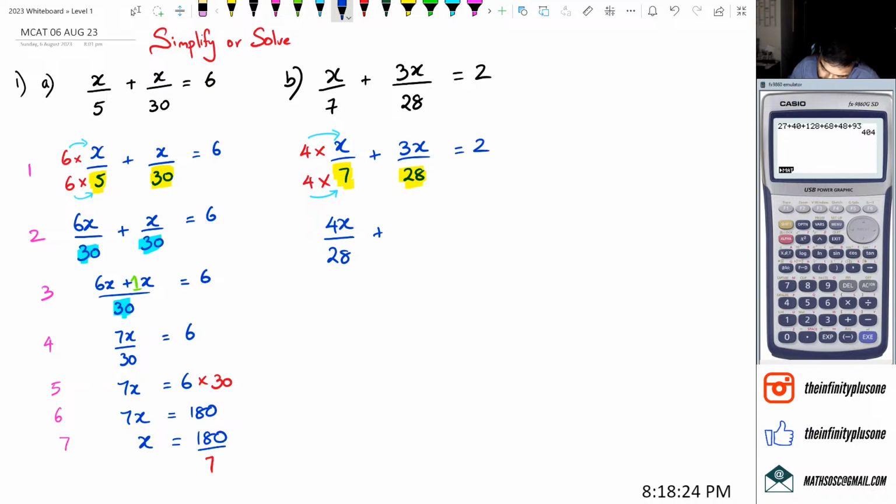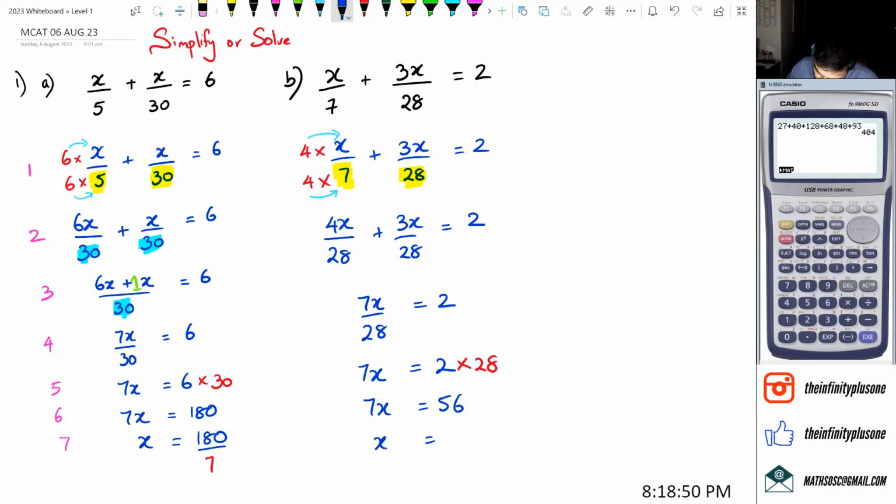plus, I forgot this 2 here, plus 3x over 28 equals 2. So combining the denominators together, I'm going to skip that line 3 and go straight to line 4, which means I'm going to get 7x over 28 equals 2. And then cross multiplying, I got 7x equals 2 times 28, which gives me 56.